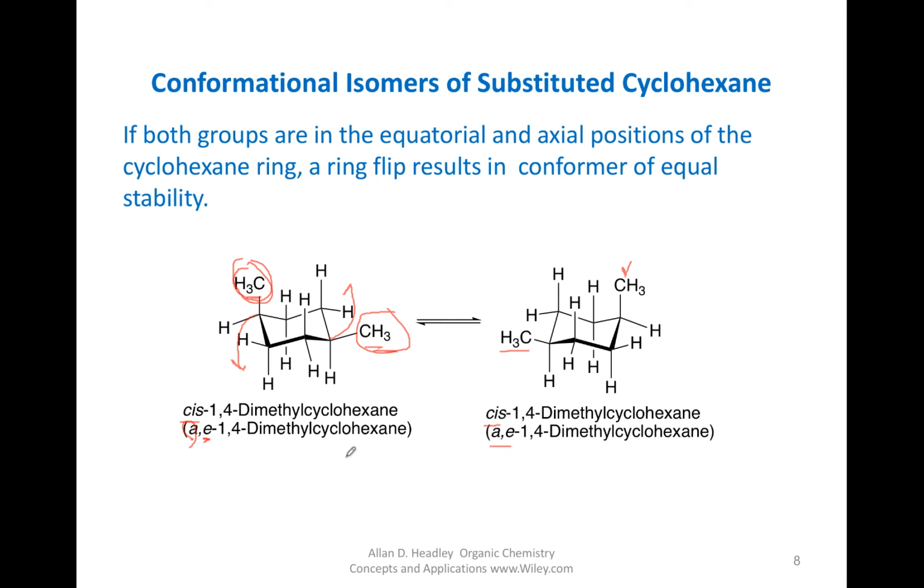Notice it's the same though. So the images of these conformers you'd expect to be the same because the same number of groups are in the equatorial position as in the axial position.